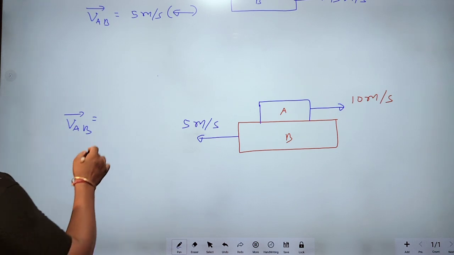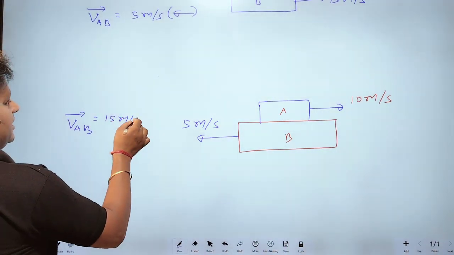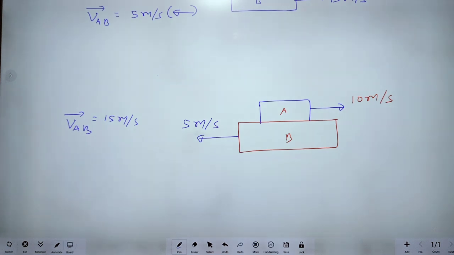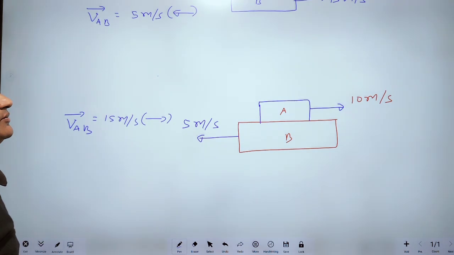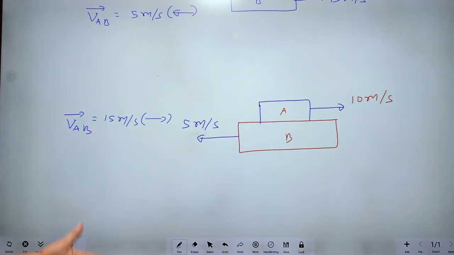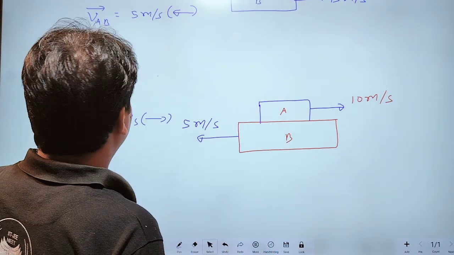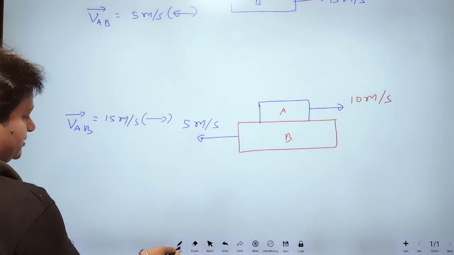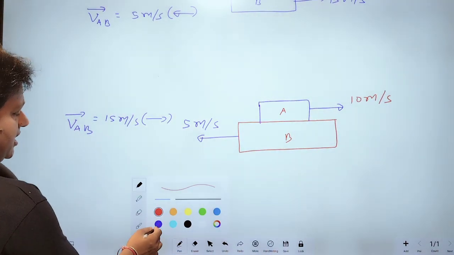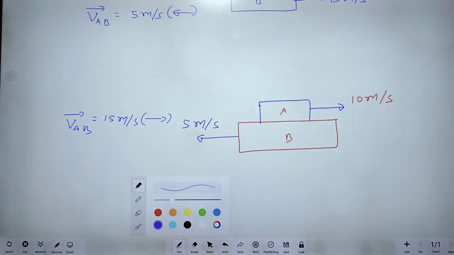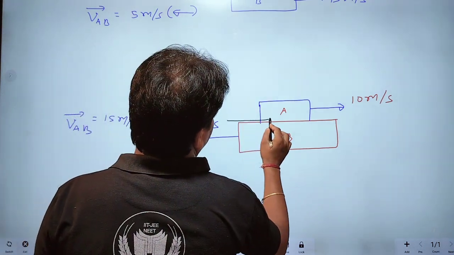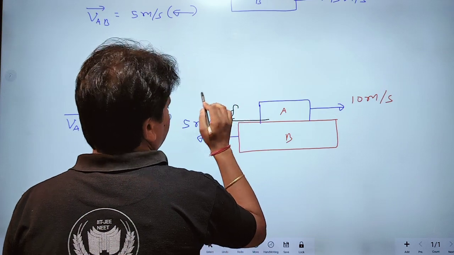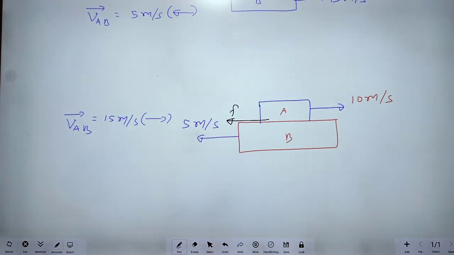The relative velocity will be 15 meter per second and the direction will be forward, meaning rightward. Now friction force opposes this relative motion, therefore friction force will act in leftward direction on the block A due to B.